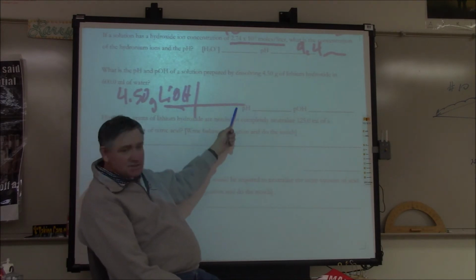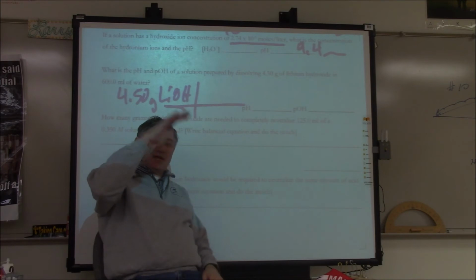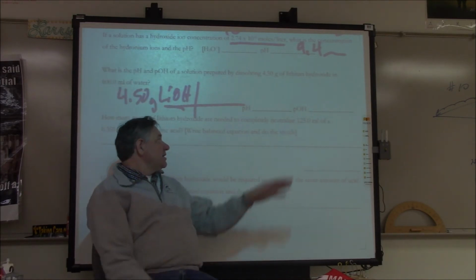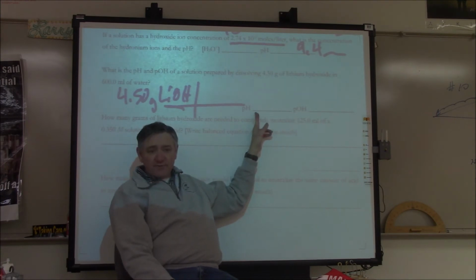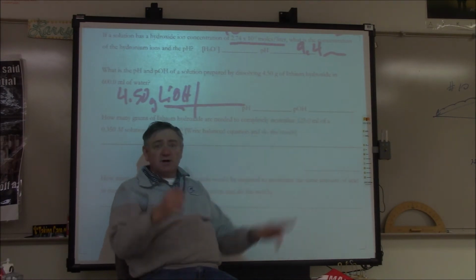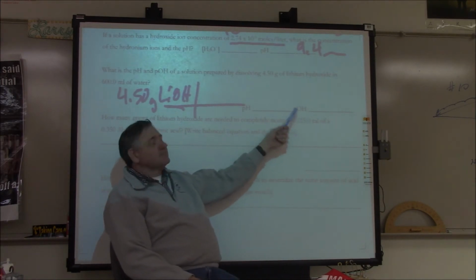Once you get the concentration of your hydroxide ions, what you could do is just take the negative log of that and get your pOH, and then subtract that from 14 to get your pH. Because your pH plus your pOH always add up to 14. That's an option.